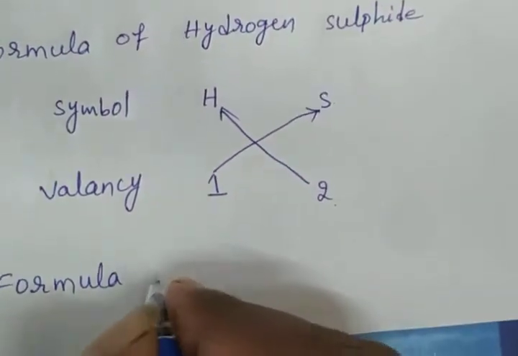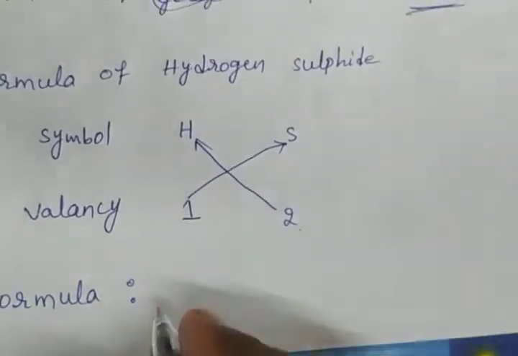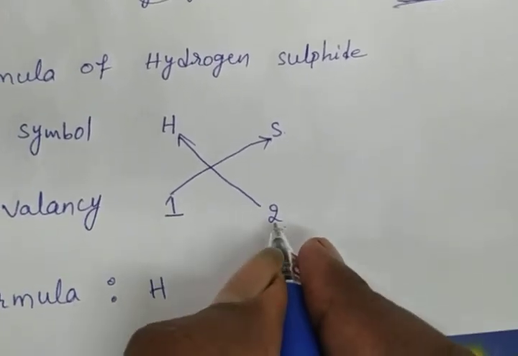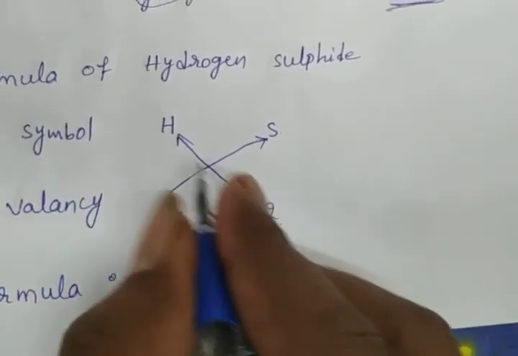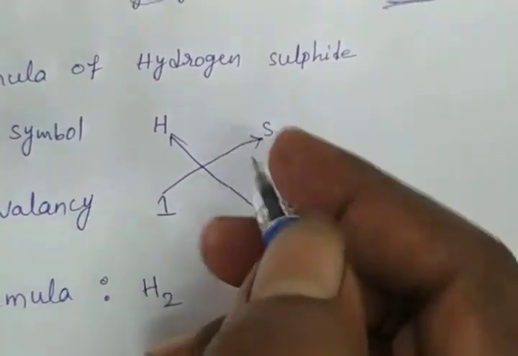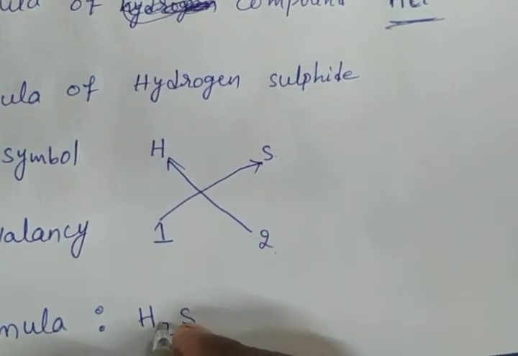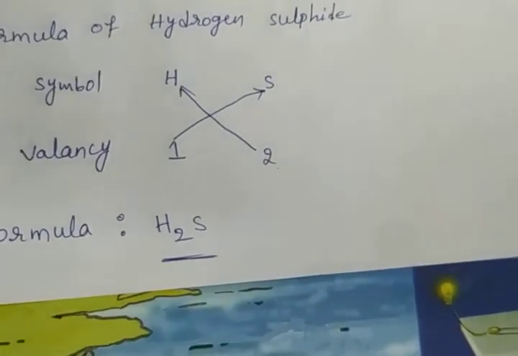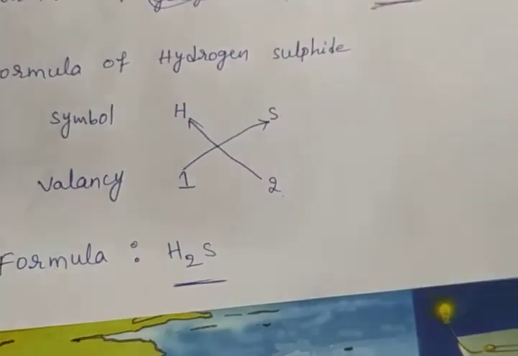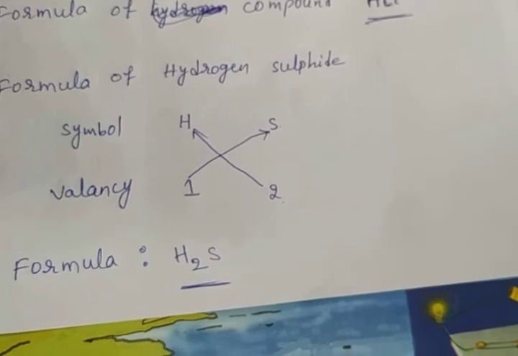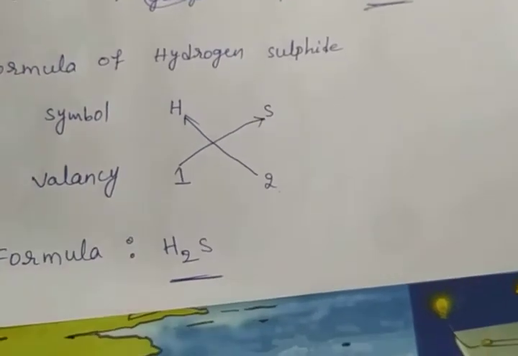Tell me the formula of hydrogen sulfide. Hydrogen 2, so H2. Sulfide, how many? 1. So this is the formula of hydrogen sulfide, H2S.